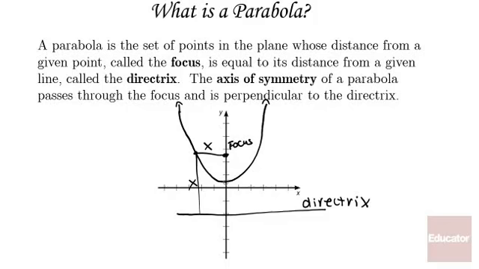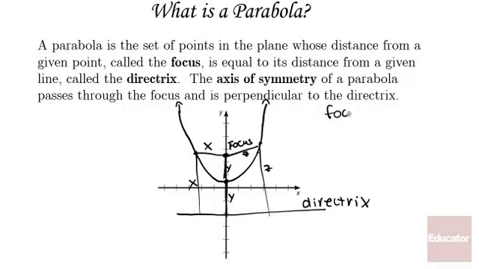So they're theoretically equal. Looking right here at the vertex, these distances would be equal. So that could be, say, y. If I took some other point, say here, and I measured here to here, these two distances would be equal.